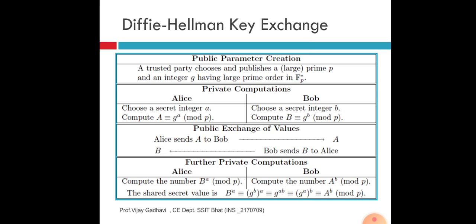The shared secret value is B raised to a, which is equal to (g raised to b) raised to a, which is equal to A raised to b mod p. This is the Diffie-Hellman key exchange. You need to remember the equations for applying key exchange.